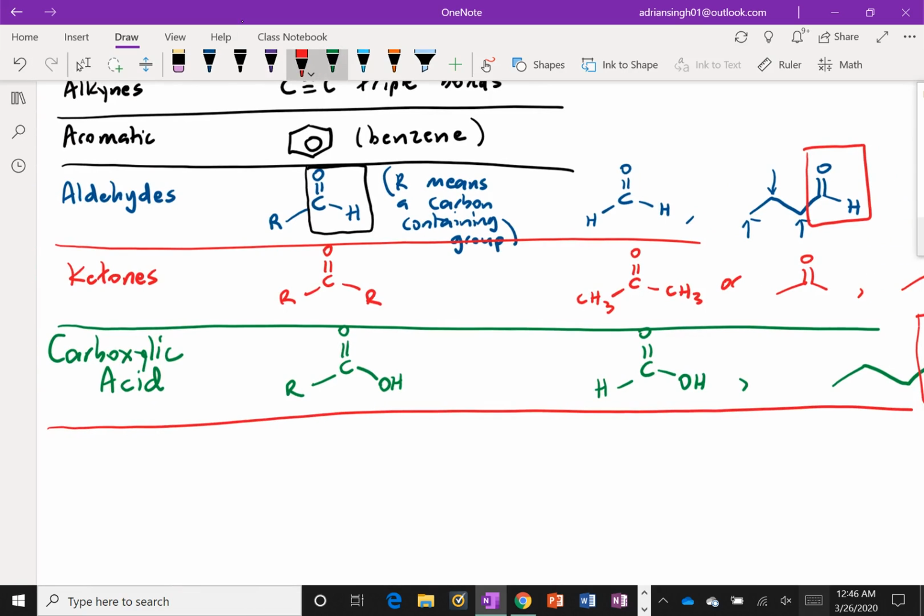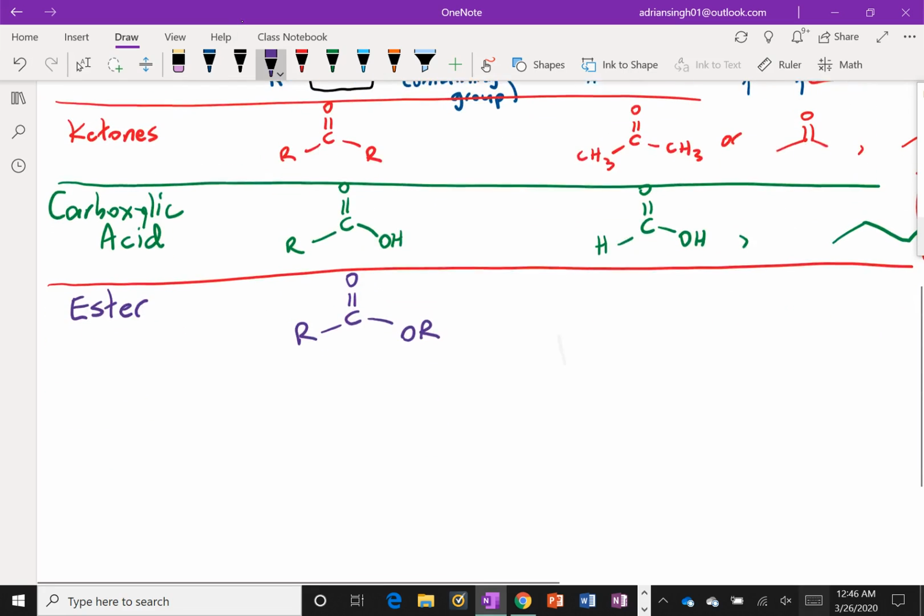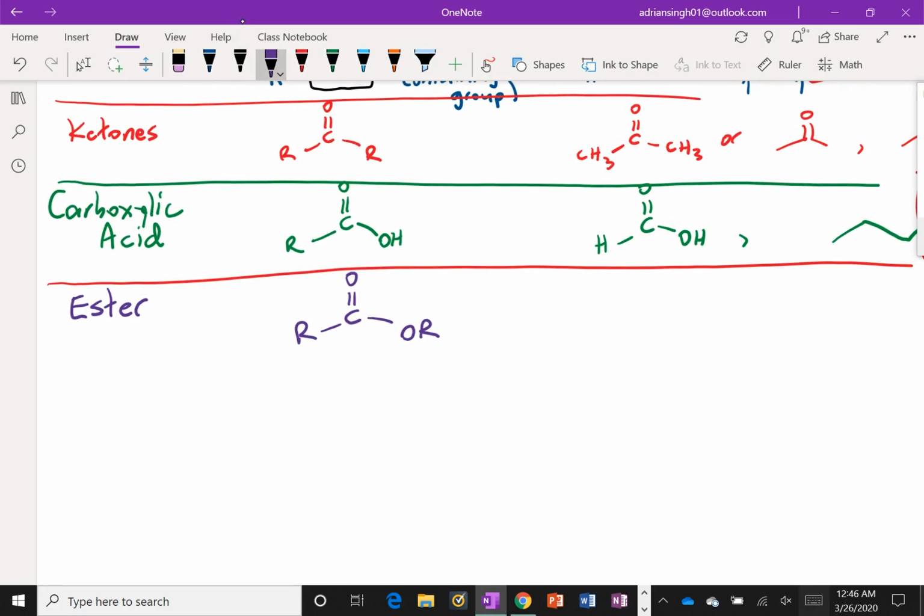A relative of a carboxylic acid is something known as an ester. An ester is going to look similar to a carboxylic acid, and that's because it is actually made from a carboxylic acid. So we're going to see a C double bond O connected to an R group on one side, and then an OR on the other.